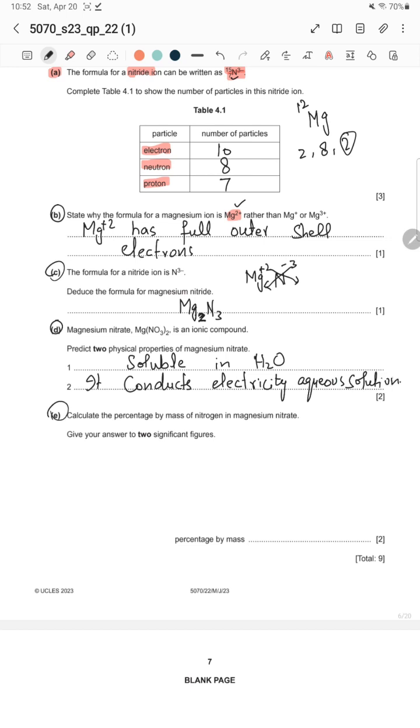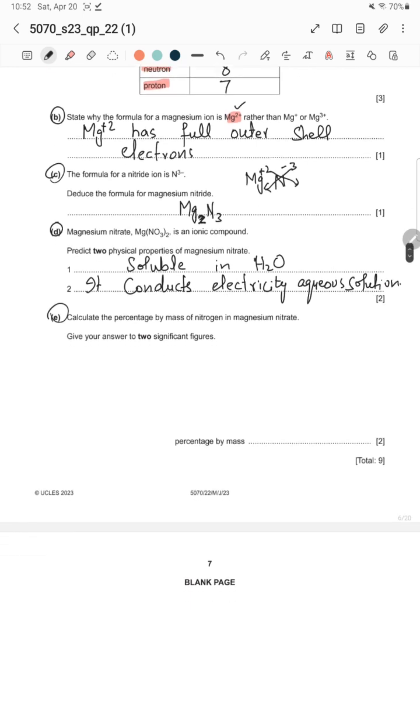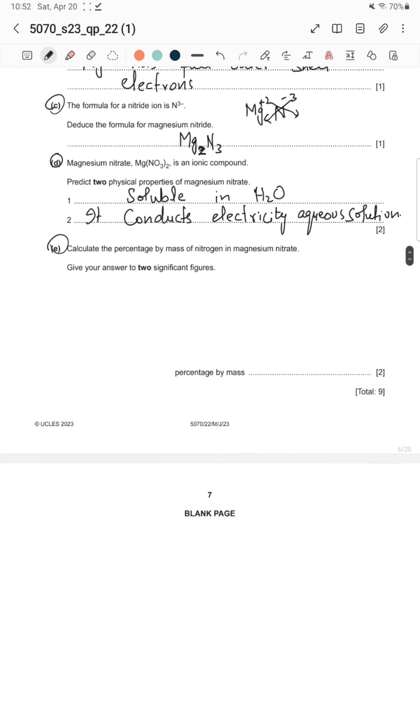So now part E is: calculate the percentage by mass of nitrogen in magnesium nitrate. Magnesium nitrate, Mg(NO3) twice, that is the formula. Here you have to calculate the percentage of nitrogen. The formula we have learned: percentage of an element can be found by number of atoms of the element multiplied by AR, divided by Mr, into 100.